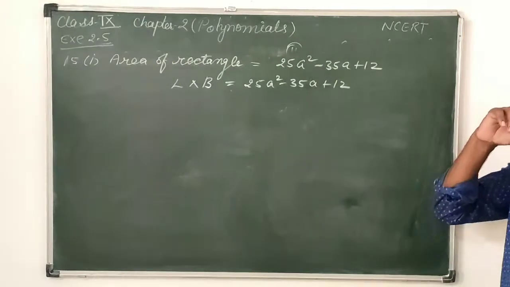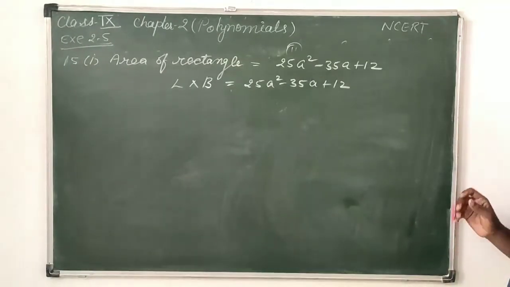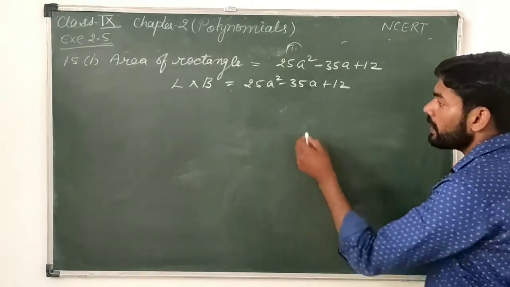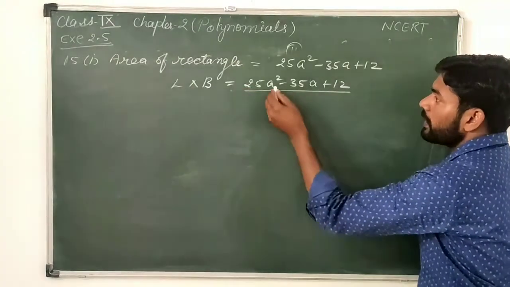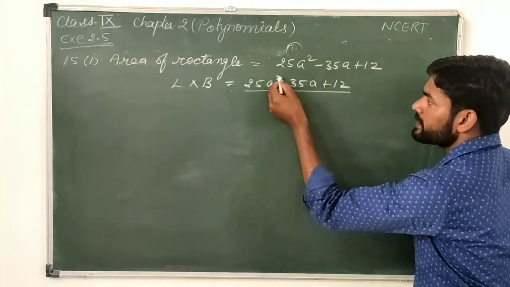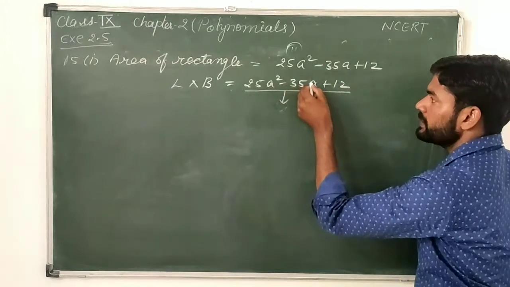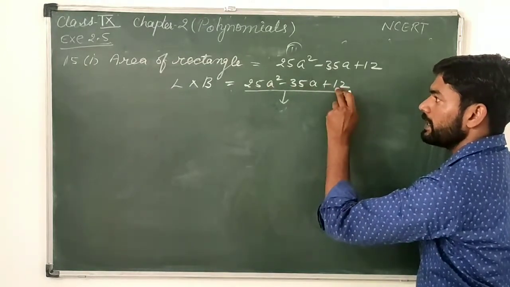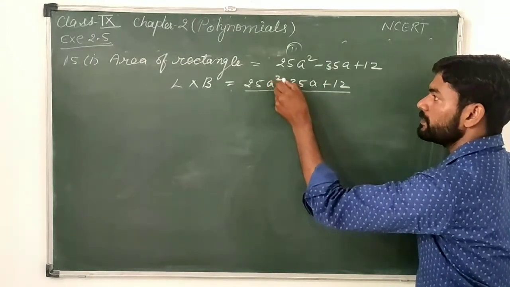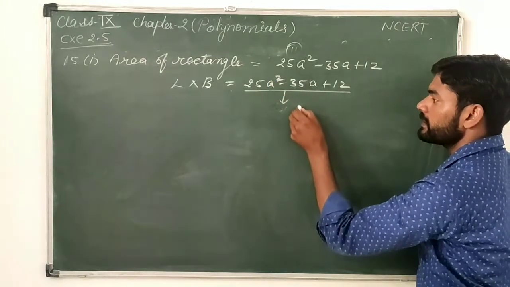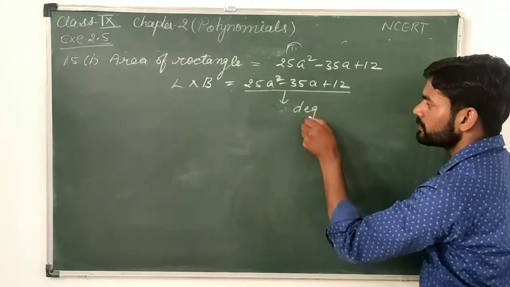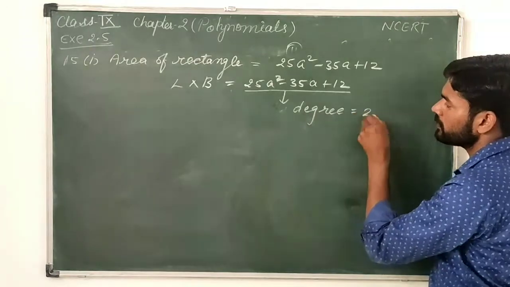अब इसके फैक्टर्स करने हैं. What is the process? The highest power of this polynomial, this is the polynomial of variable a, and the power of this variable is 2, so the degree is equals to 2.